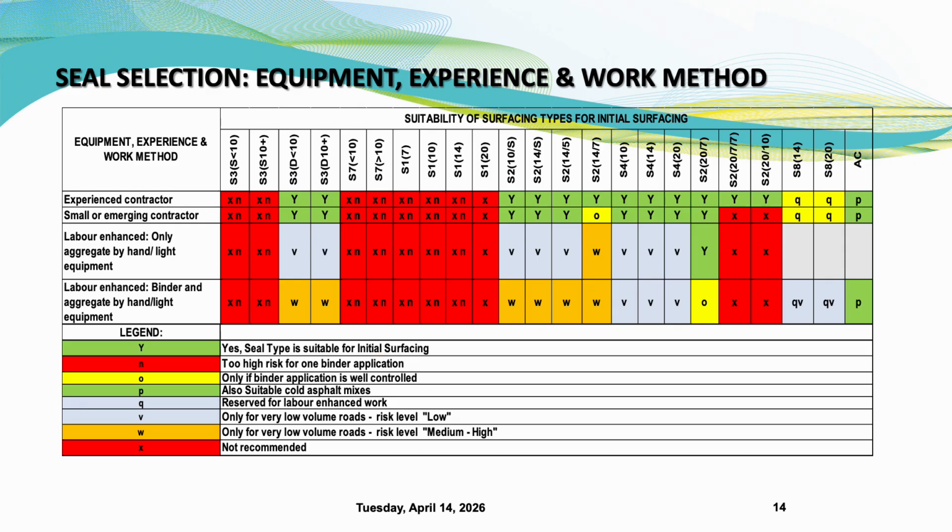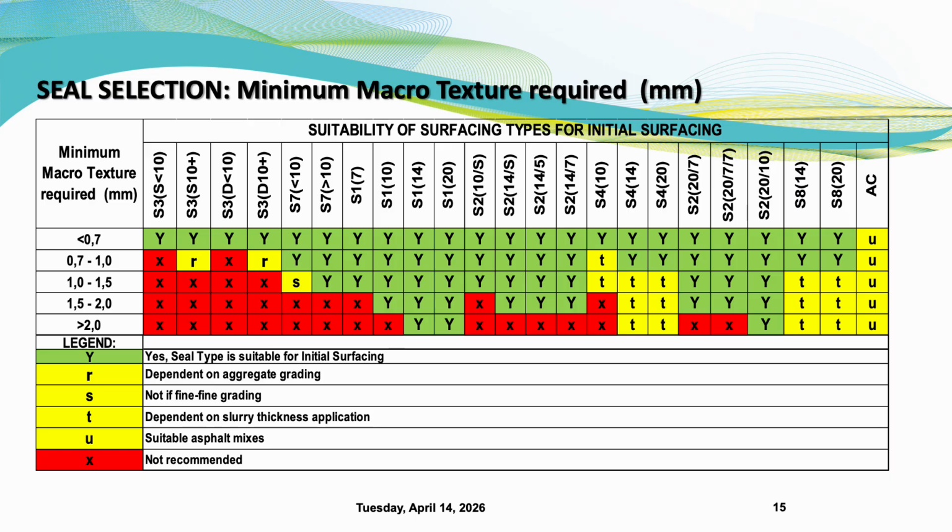Then the next one is: what minimum macro texture do you require? Your texture is given here in millimeters. Less than 0.7 of a millimeter is not much, it's very little. You can use any of the seals.